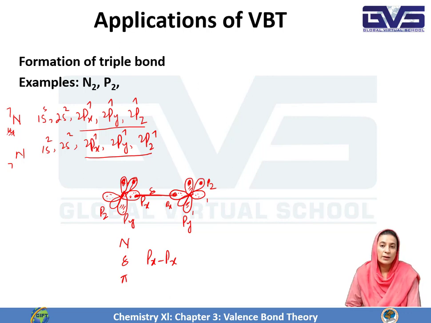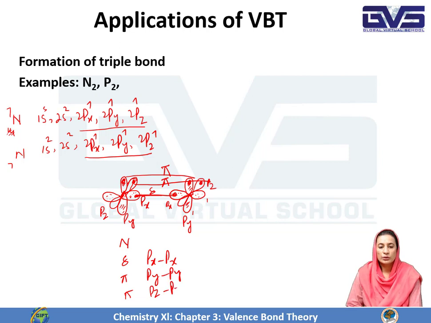They are parallel to each other. pz is not parallel to py, but py and py are parallel. So this is a bond between py and py. And now pz and pz are parallel, so they have a pi bond. The second pi bond is between pz and pz. So total there are 3 bonds between nitrogen. First one is sigma and these two are pi bonds.